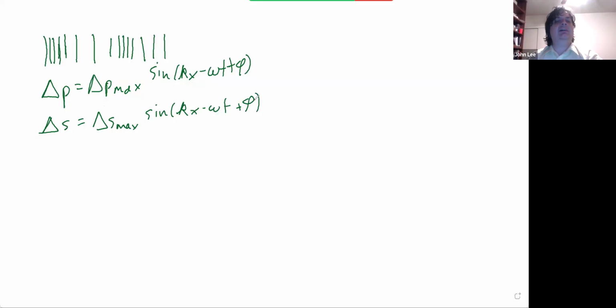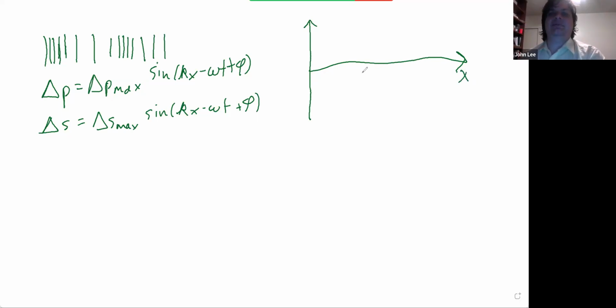Where if you graph either of these, delta P or delta S, let's say at t equals 0, we're graphing it like this.